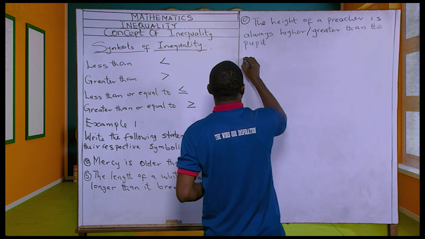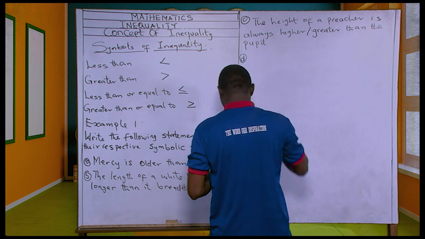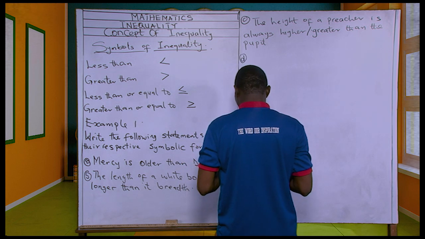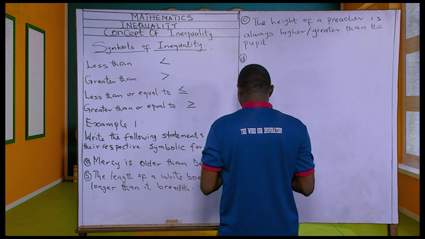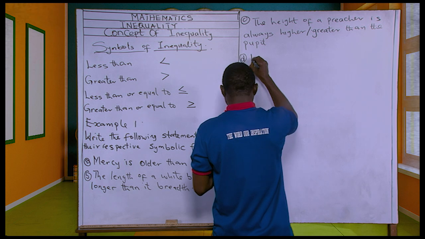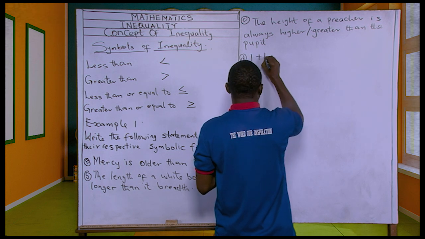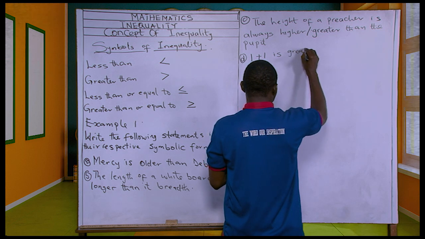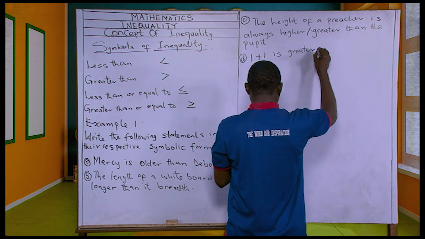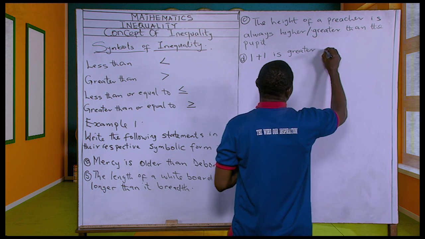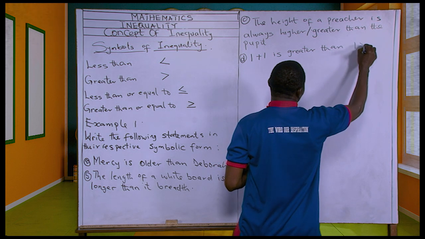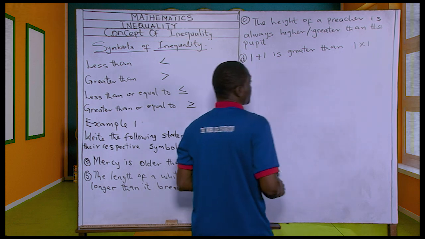D. One plus one is greater than 1 multiplied by 1.